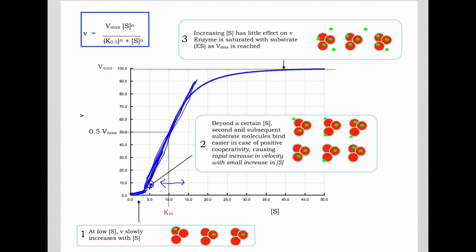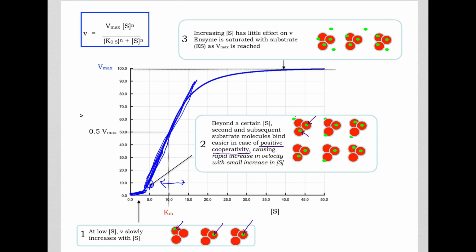So in this example, as the first substrate molecule binds each of the enzyme molecules, the second substrate molecule and the third substrate molecule somehow binds easier to the enzyme molecule. So basically the enzyme is showing what we call a positive cooperative effect, positive cooperativity.